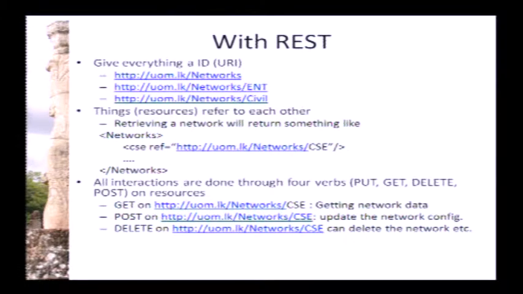So you can do a get on networks, and it will return something like this, basically saying networks, and it will refer to each of them. The network/ENT means a resource for the ENT network. Now, if you do a get on it, you will get information about it. If you have enough permission, maybe you can delete it.